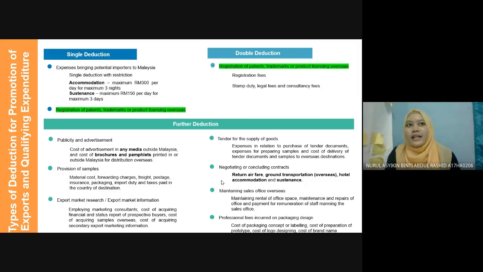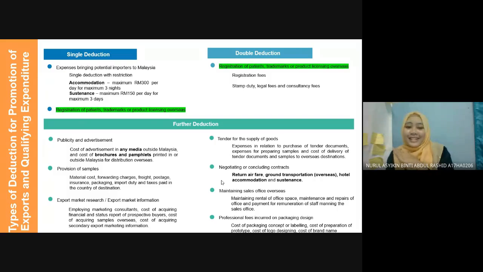But because of the effect from year of assessment 2006, the amount of registration of patent, trademark or product licensing overseas is now given as a double deduction on expenses incurred for registration fees and other expenses directly incurred for the registration of patent, trademark or product licenses overseas, which is stamp duty, legal fees and consultancy fees.